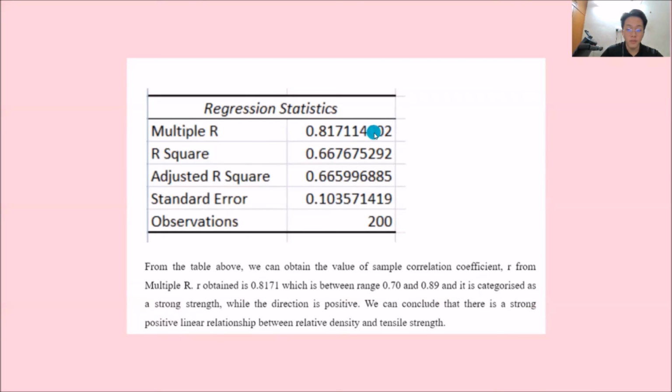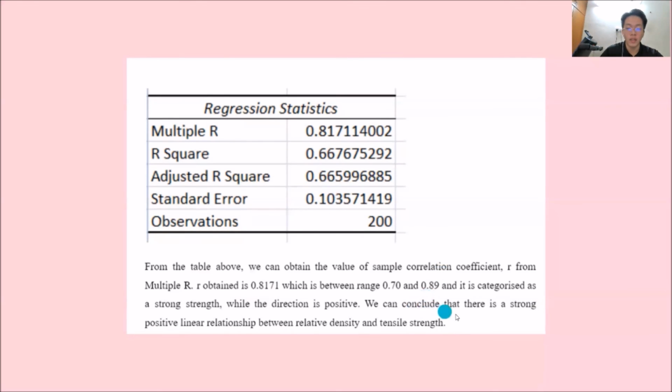From the table above, we can obtain the value of the sample correlation coefficient R from multiple R, which is here. We get R equal to 0.8171, which is between the range of 0.70 and 0.89, and it is categorized as strong strength while the direction is positive.